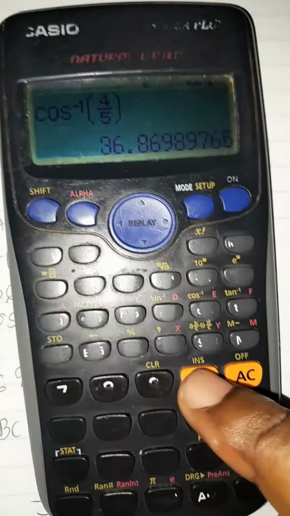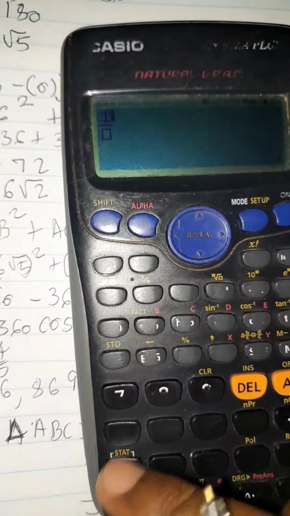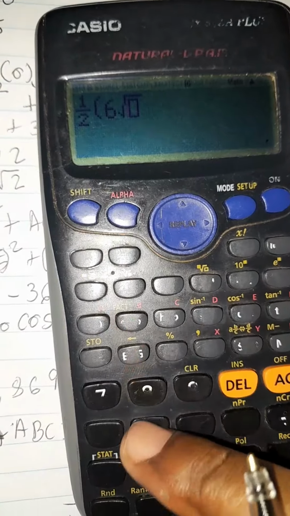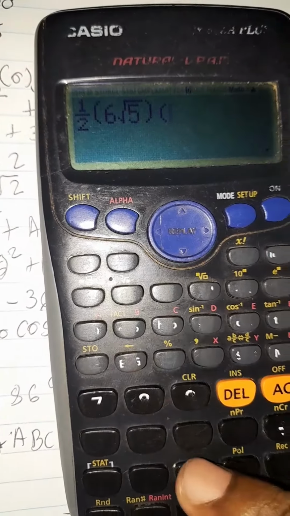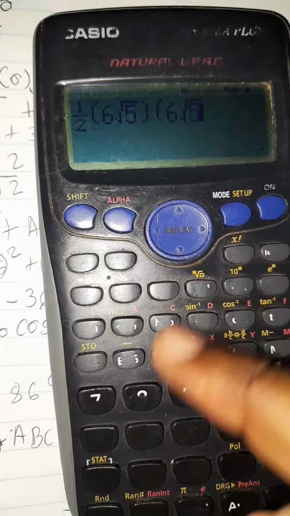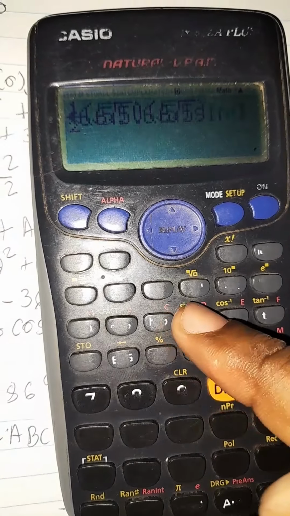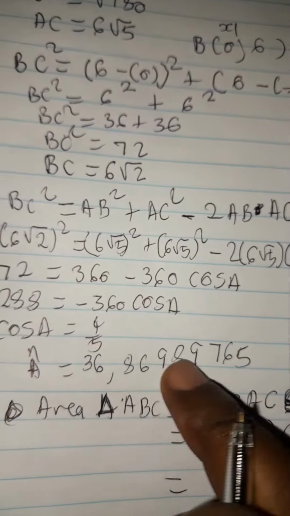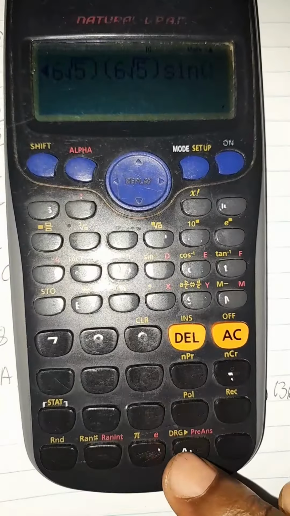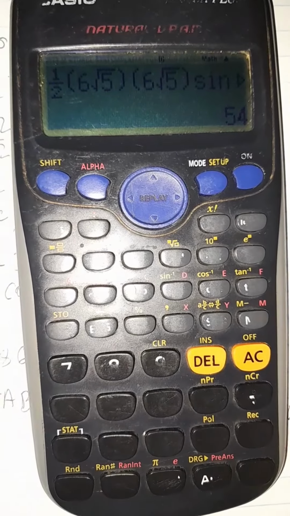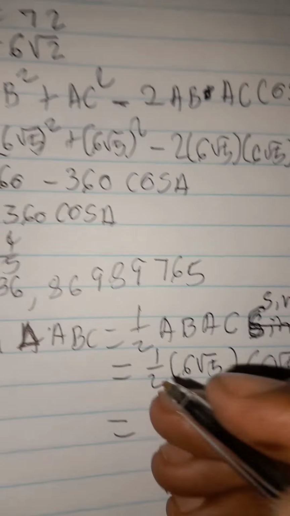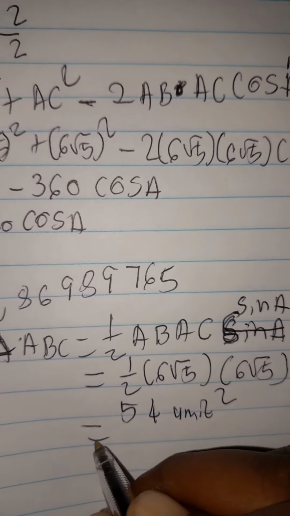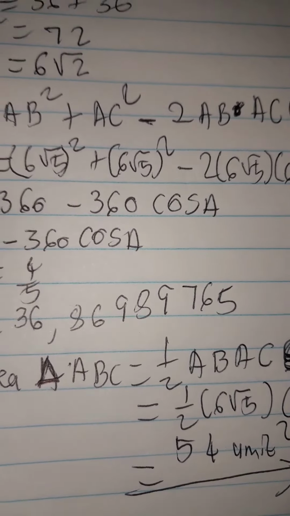Half, as well as 6 root 5, 6 root 5, multiplied by sine of A, 36 whatever, let me just say answer. So what are we getting there? Definitely we are getting 54. So our answer will be 54 units squared. That's the area of triangle ABC.